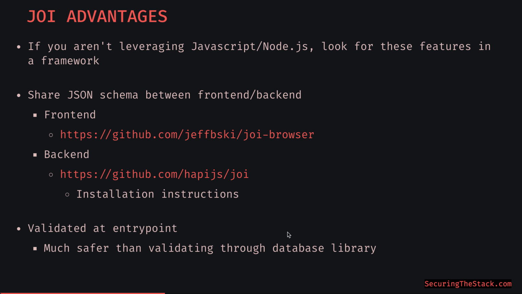The other distinct advantage of Joi is that it allows a developer to validate input at the entry point into the server. This is much safer than doing your validation logic, say, within the database library.